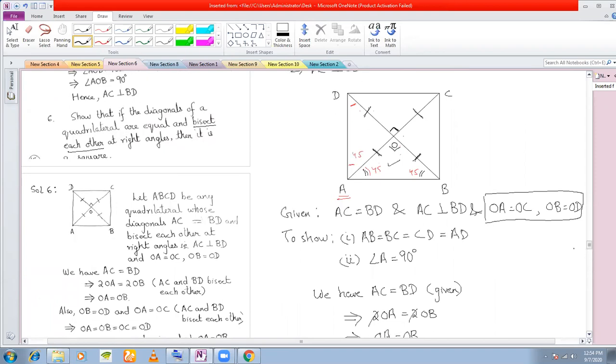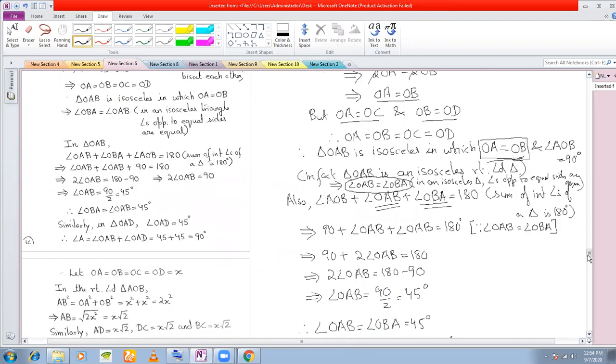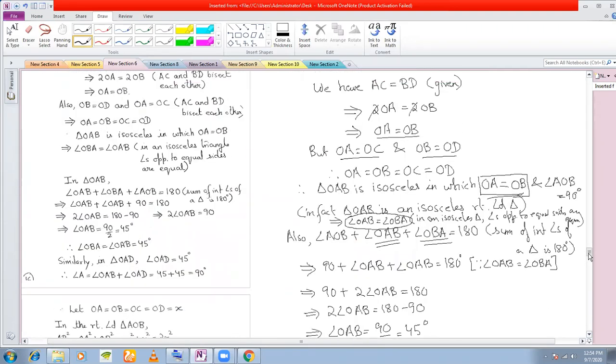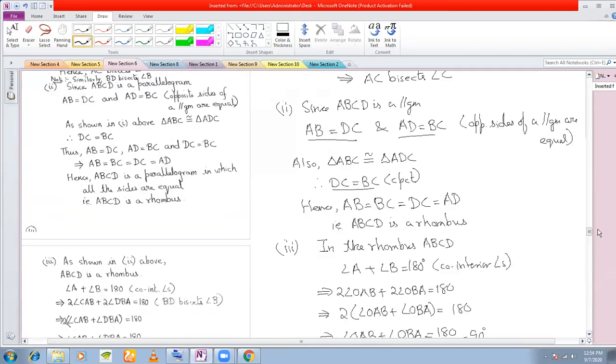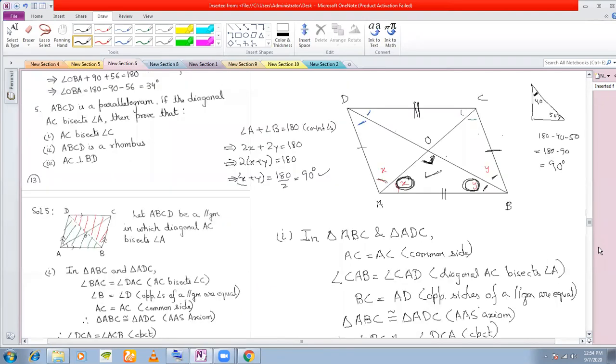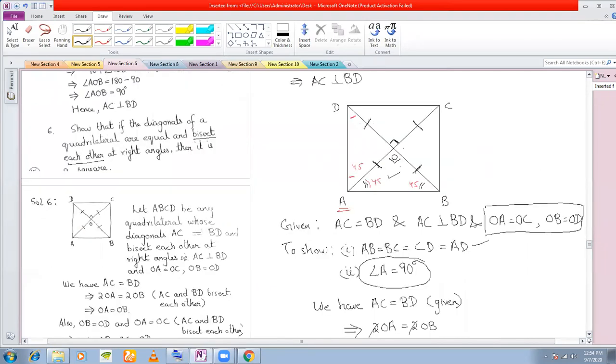Okay, now what we need to show? We needed to show two things. We have already shown angle A is equal to 90 degree. That is, one angle is 90 degree we have shown. Now we will proceed to show that all the sides of this quadrilateral are equal. How do we show that? You know that all these lengths are equal.